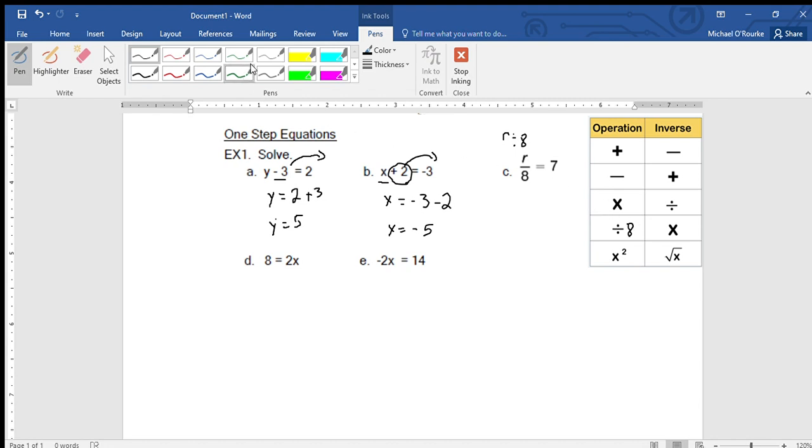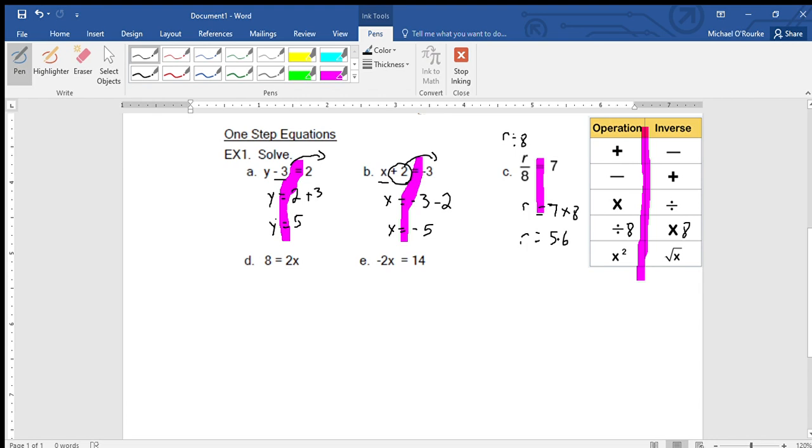When it crosses our equal sign, as a divide by 8 on this side, it becomes a times 8. So we got r equals 7 times 8. So r equals 56.